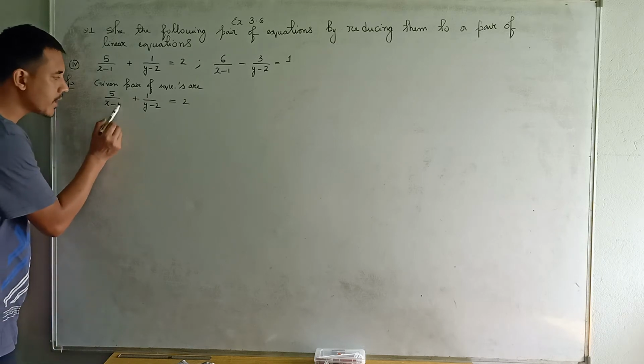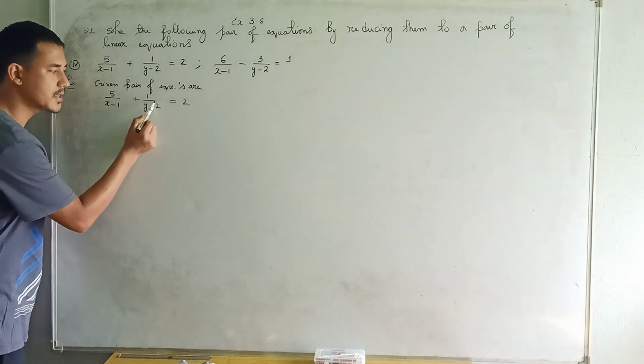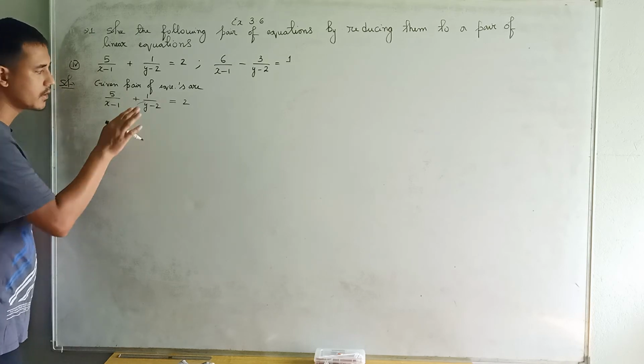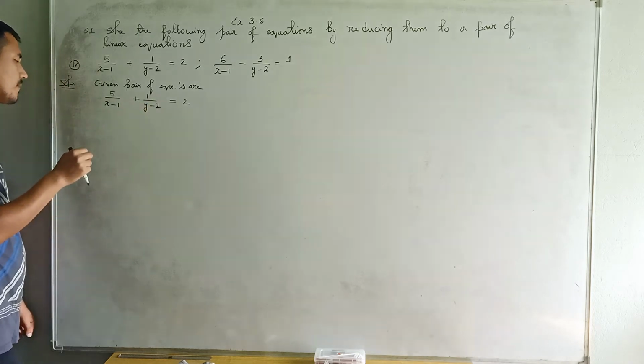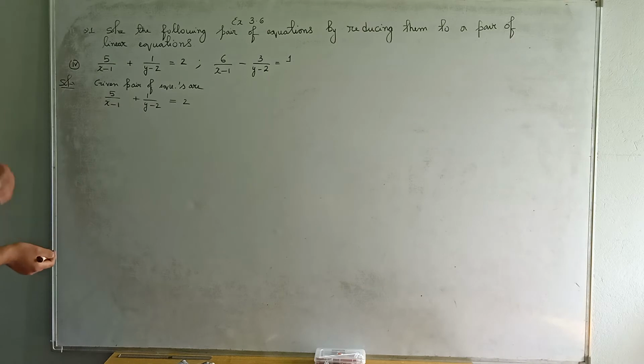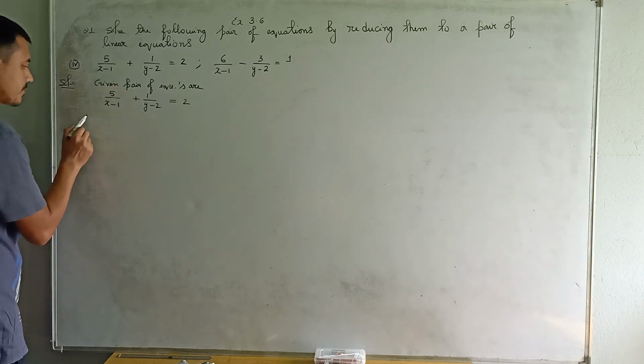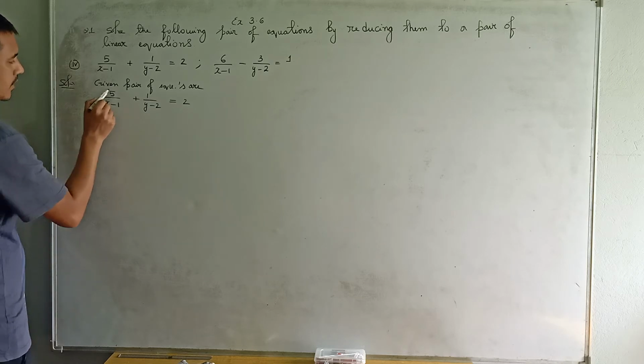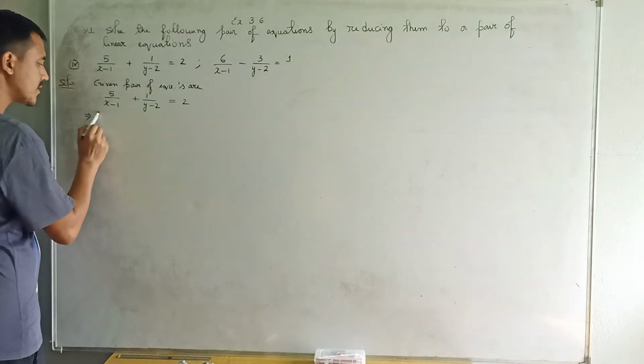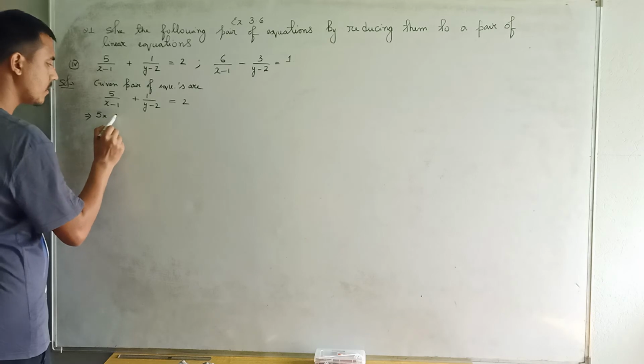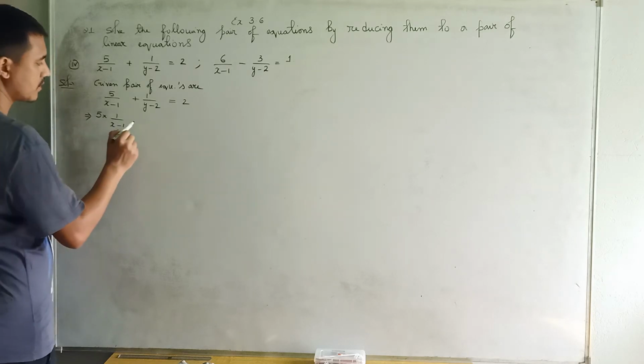Here you cannot separate x and minus 1, here you cannot separate y and minus 2, you can only separate the variable and its coefficient, okay? This one can be rewritten as 5 times 1 upon x minus 1.